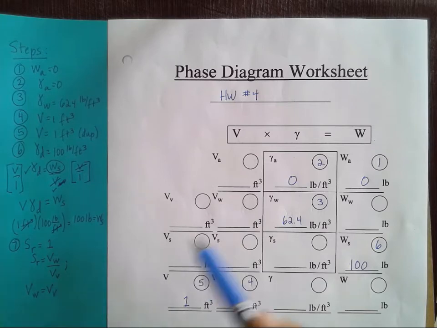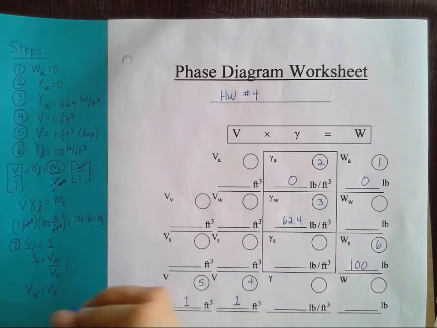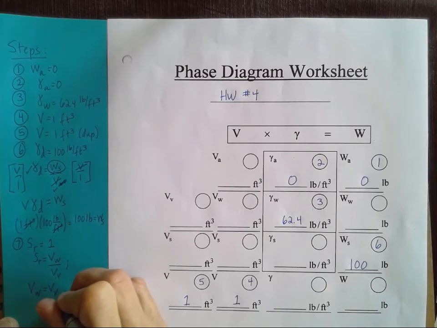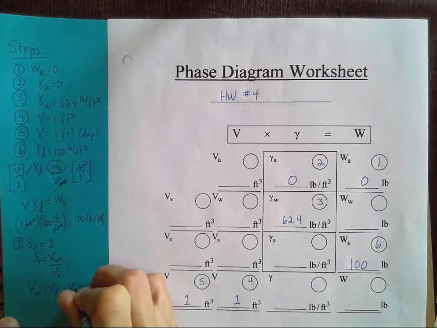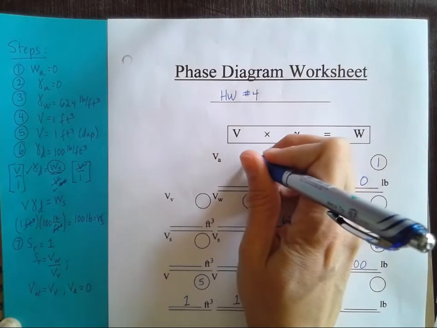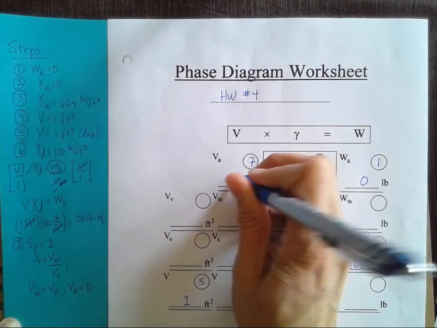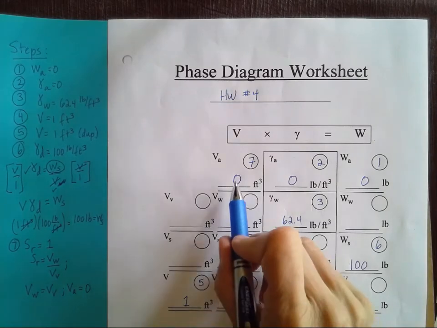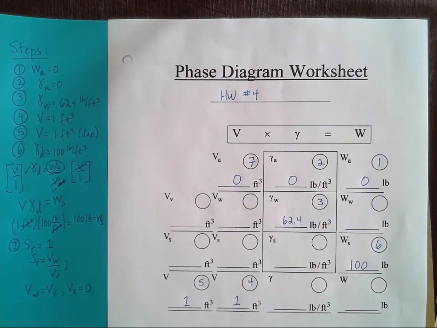We don't know what either of those values are yet, but it does tell us that the volume of the air is going to be 0. So we can use that for number 7. Again, if you didn't do it in this order, that's fine. And remember, we've got to have that whole first row be 0 for a fully saturated soil. So that's looking good. Okay, so let's figure out what we can know now.